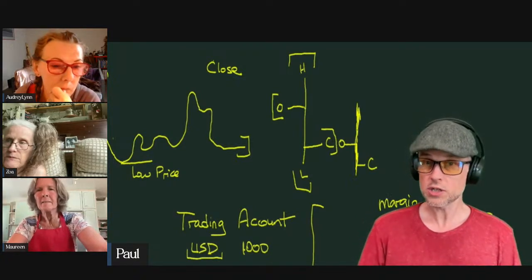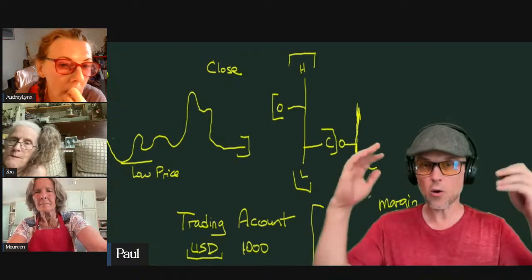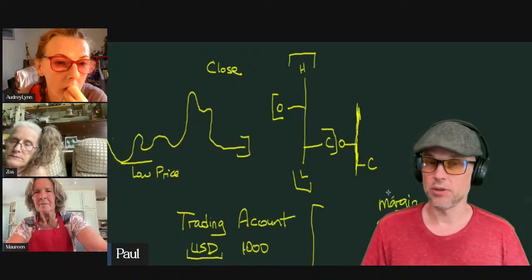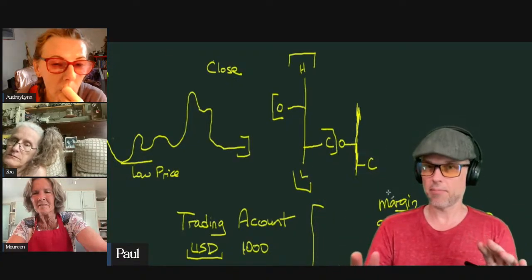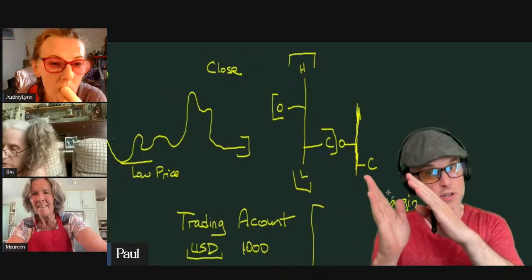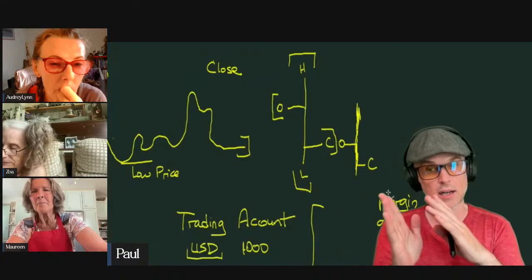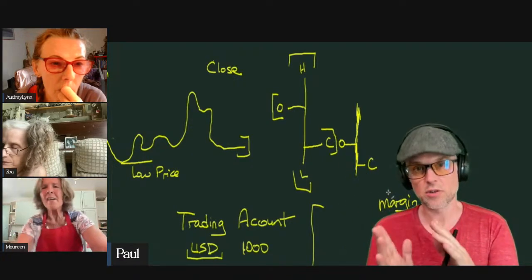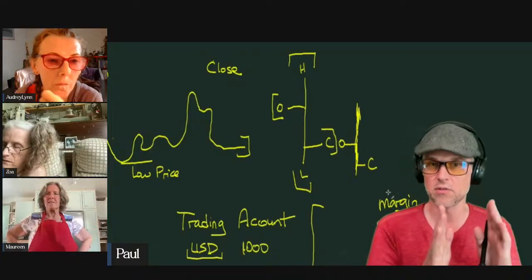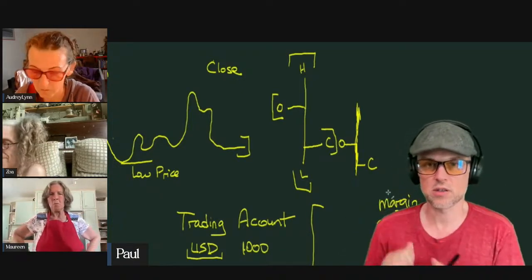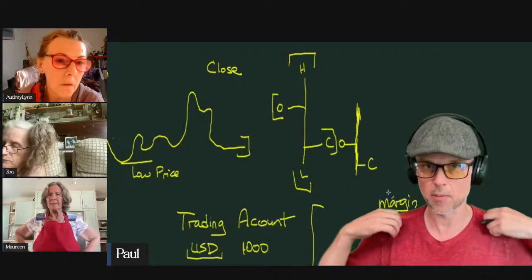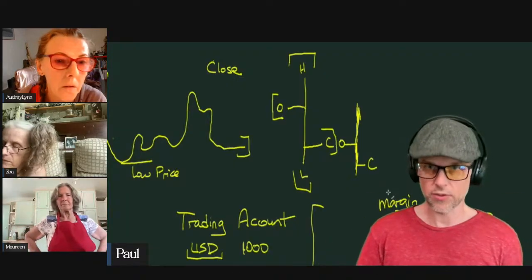So you could sit there on the 4-hour chart and say, oh, we're headed down. But if you zoom out, the daily chart will say, no, you're headed up, and you're just experiencing a little bit of a pullback. And you always want to make sure that you're trading with the trend. Don't try to catch those movements thinking that you're going to nail them all. You want to trade with the trend.